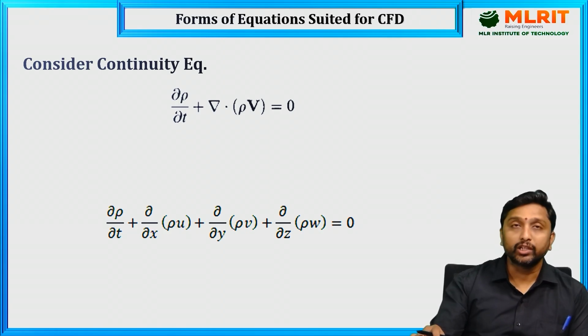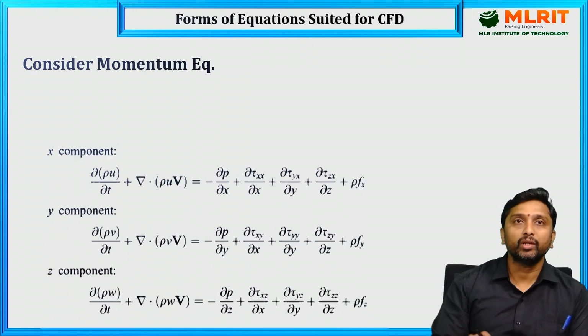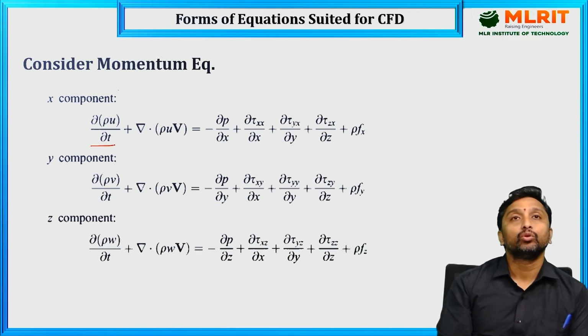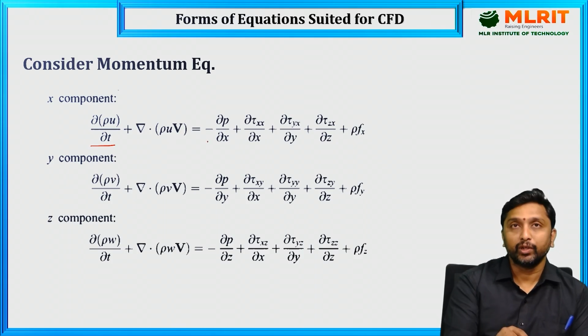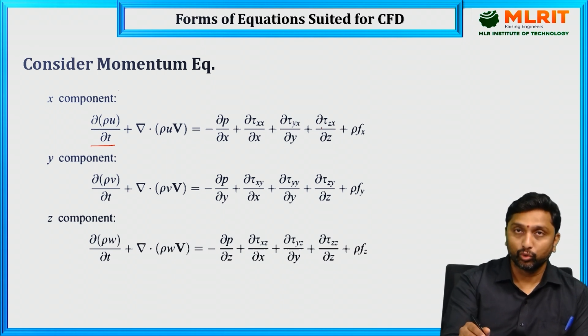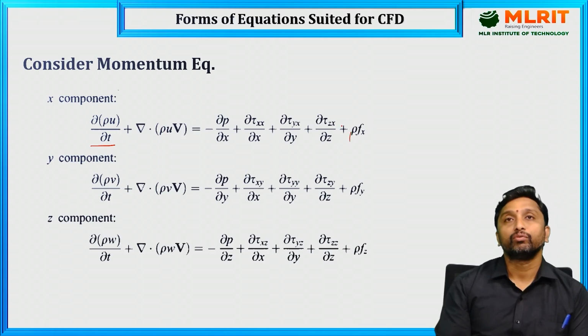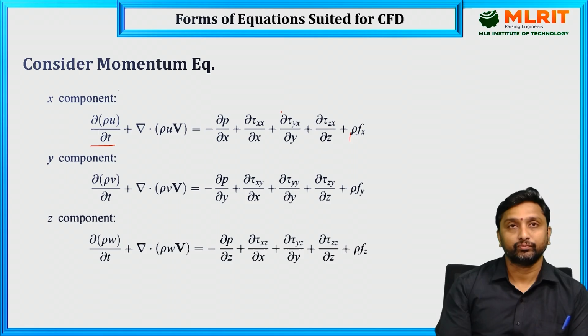Now similarly, let us consider the momentum equation. The momentum equation in x direction is given by dou by dou t of rho u plus divergence of rho u v equals minus dou p by dou x plus dou tau xx by dou x, dou tau yx by dou y, dou tau zx by dou z plus rho fx, where fx is the body force, tau are the shear terms and p is the pressure.